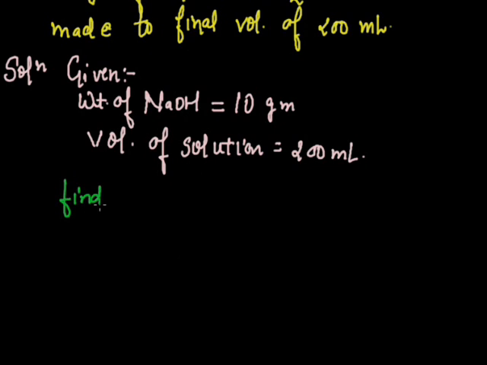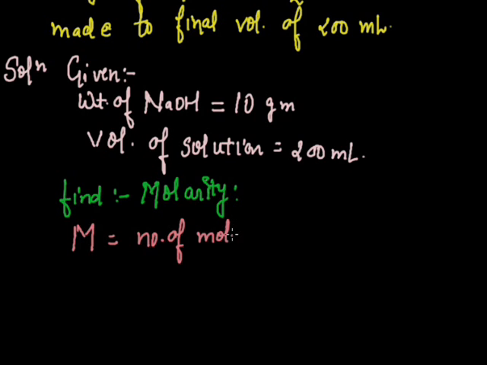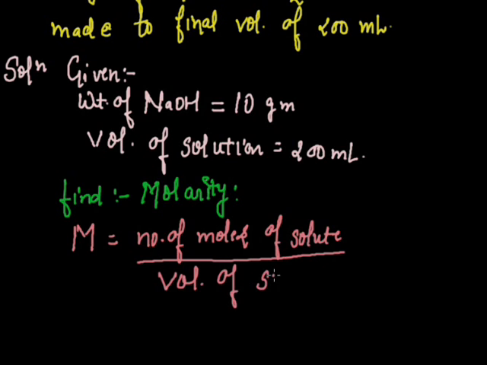The molarity can be calculated by using the formula: molarity, denoted by capital M, is equal to the number of moles of solute dissolved in a volume of solution, and that volume has to be specified in liters.